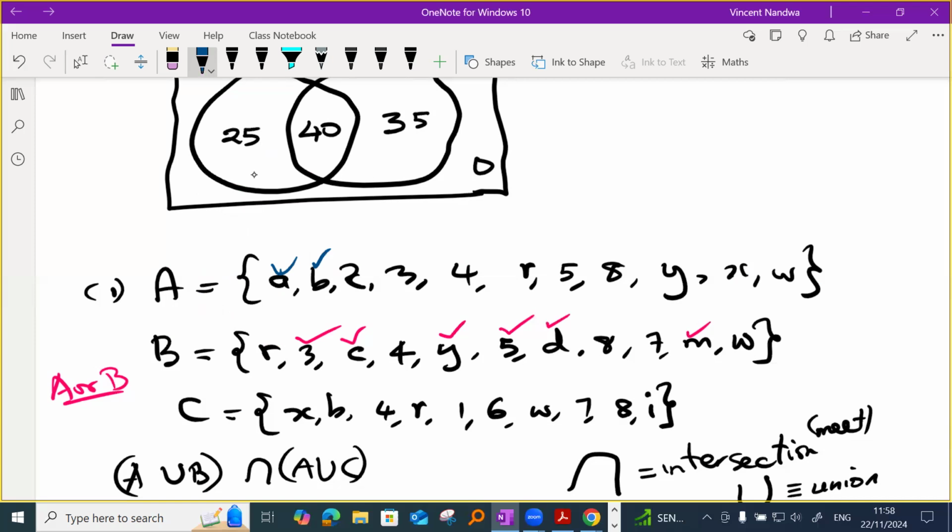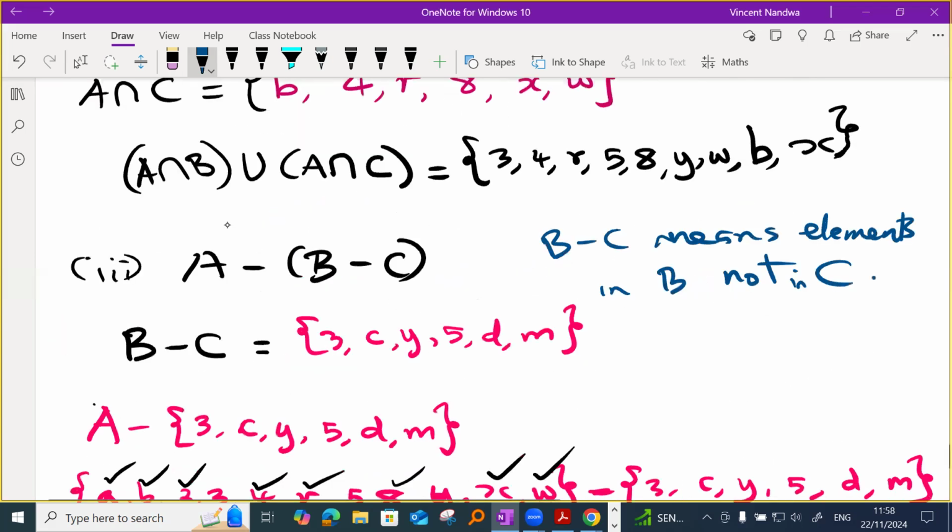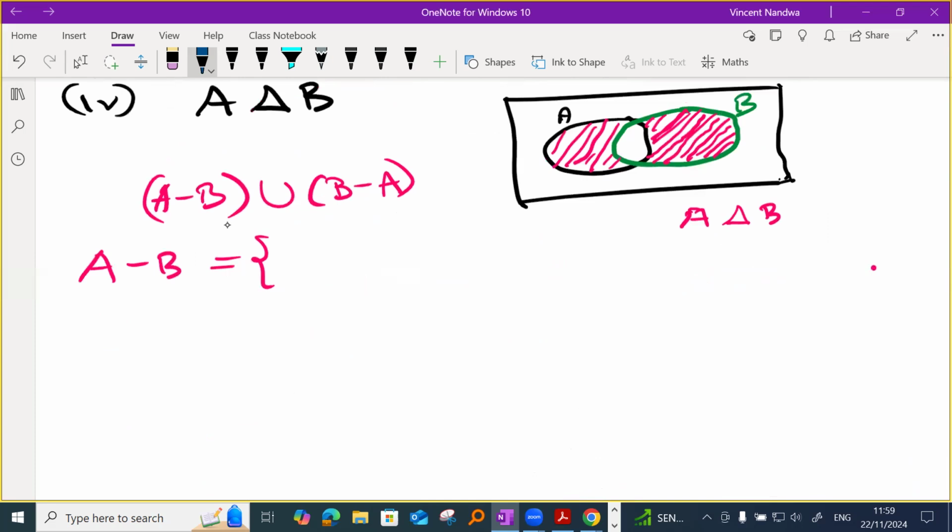So this will be part of that set. 2. 3, so you don't pick 3. 4, r, then 5, 8, y, x. So I pick this w. Then we only have a, b, 2, and x. So that's what will form our A minus B: a, b, 2, and x.